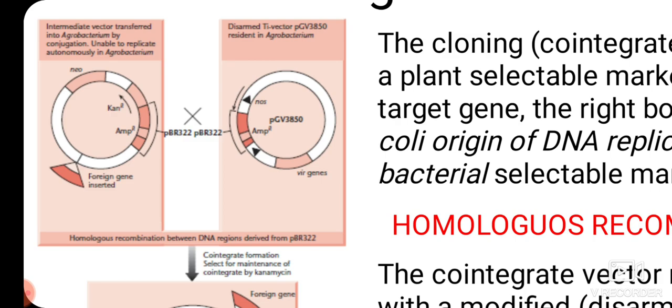The other vector they designed has the pBR322 portion, then the kanamycin and neomycin resistance genes with the foreign gene.